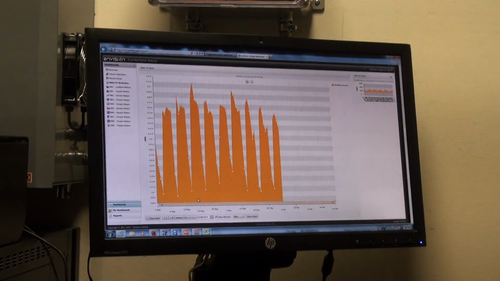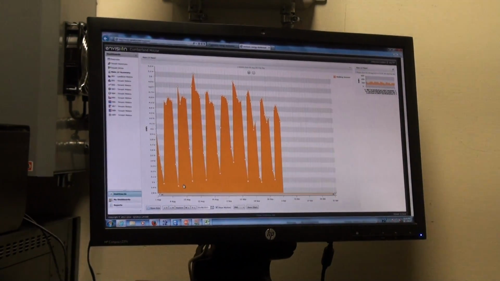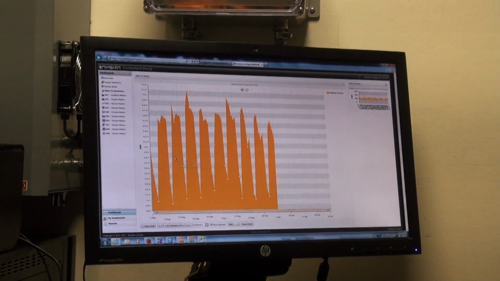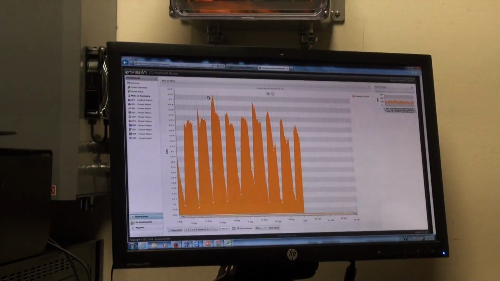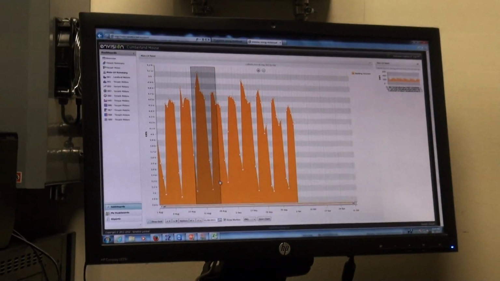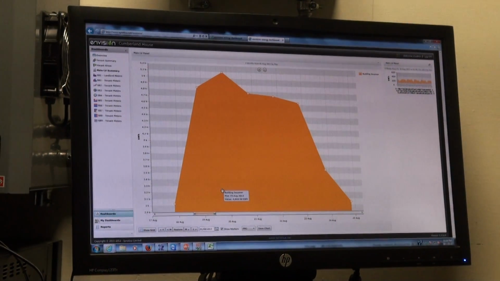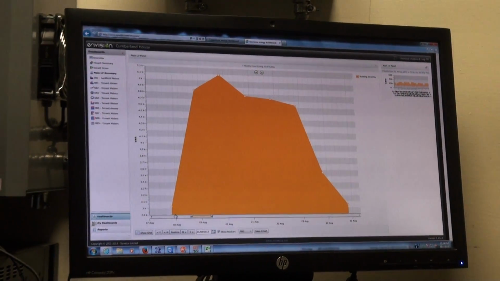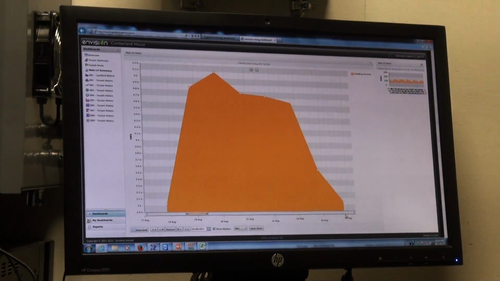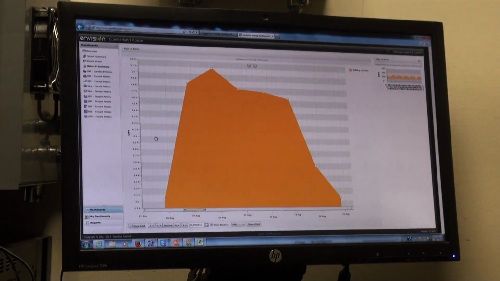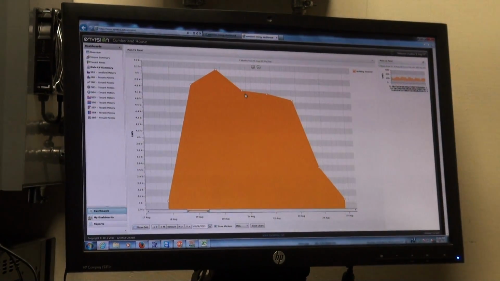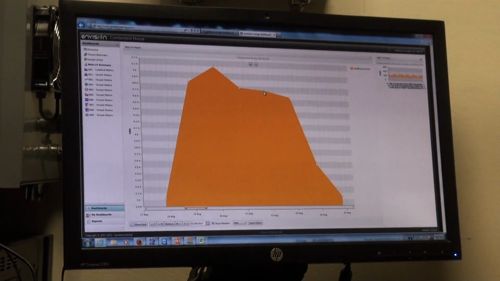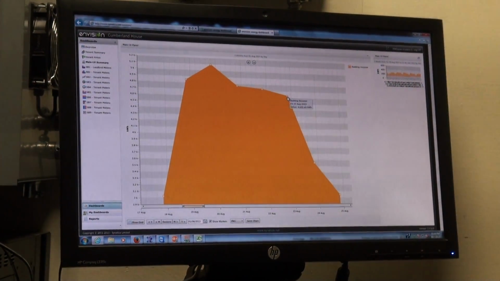This is giving us the energy usage over a week. So if I go into this particular week here, this is from the 18th of August to the 25th of August. And we can actually see how much energy is being used on a daily basis.